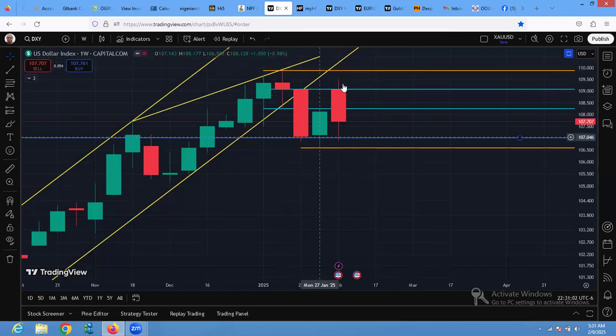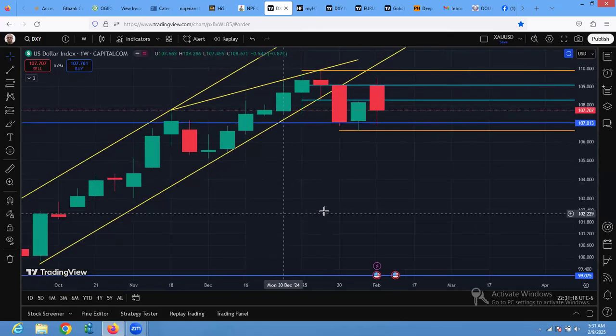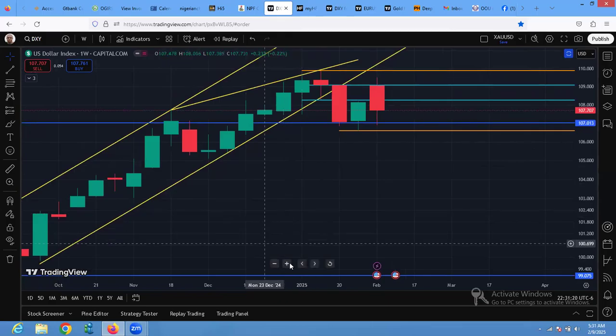But what I can see here for now is more of a consolidation. We may be spending a little more time here before we break to either side we want to break to. So now, what do I see here if you want to interpret the next move?